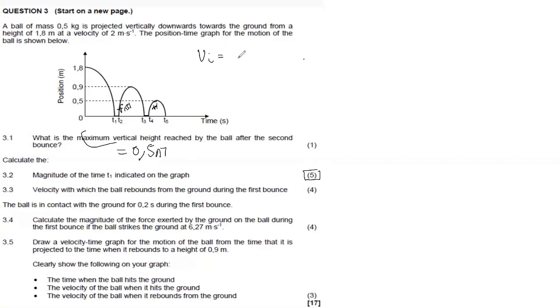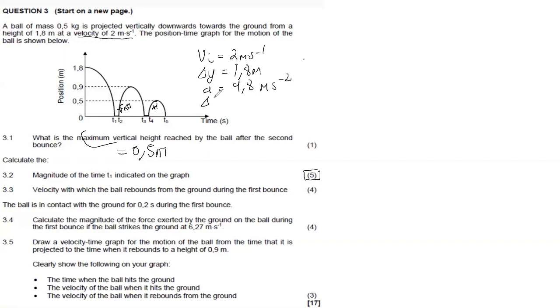The V initial is 2 meters per second, as indicated there. And then we are given the delta Y, which is 1.8 meters. I'll be taking downward as positive since the ball is being projected downward. So I have positive 9.8 meters per second squared.